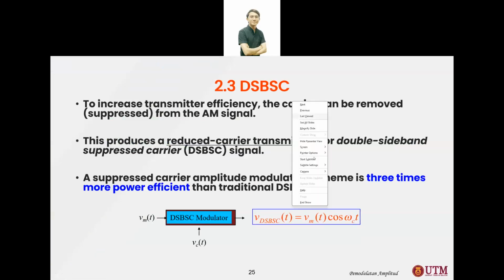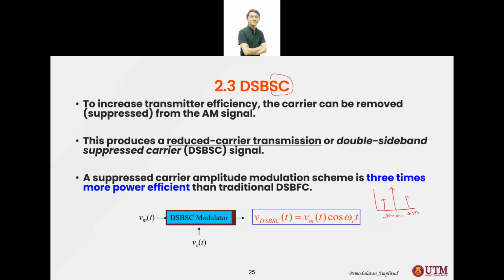Next is the double sideband suppressed carrier. Having that understanding just now from double sideband full carrier, where we have the carrier in the middle, this is the lower sideband, this one is the upper sideband, and this one is the carrier. In double sideband suppressed carrier, we are going to suppress the carrier, so we don't send the carrier.